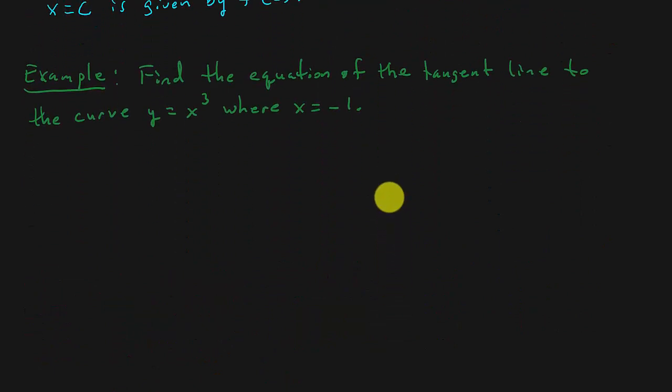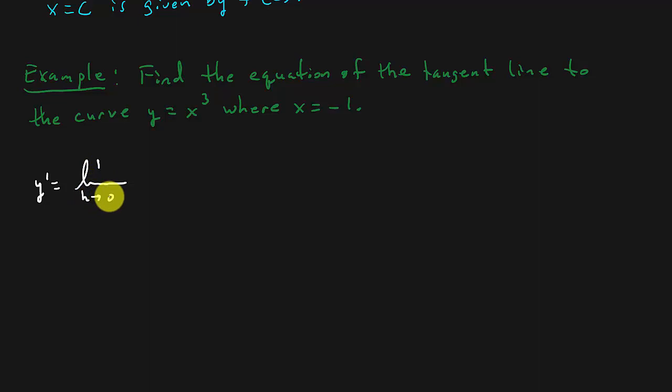All right, so let's look at this. Find the equation of the tangent line to the curve y equals x cubed, where x equals -1. The first thing we need to do is find the derivative. The derivative is equal to the limit as h goes to 0.